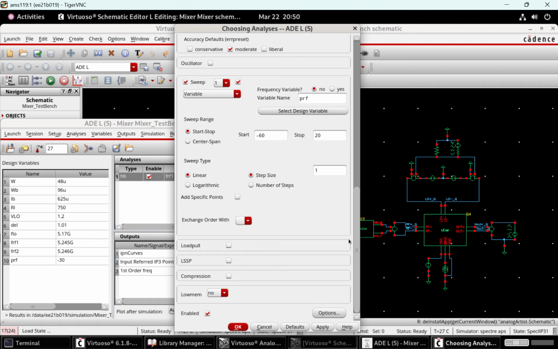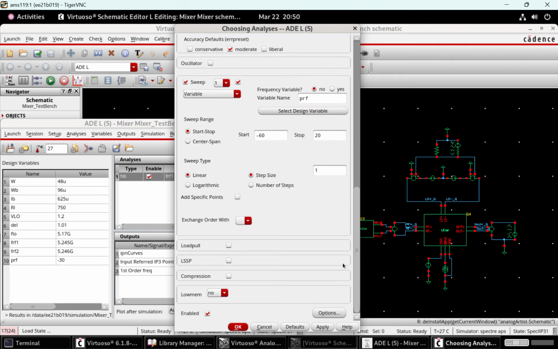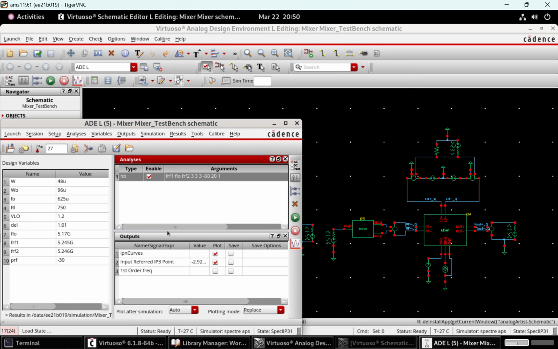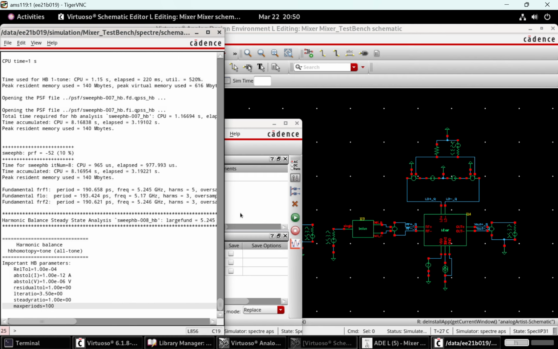That is too detailed. You can keep steps of 2 or 3 also. That's okay. And so once this is done, you just need to run the HB analysis. This will take some time to run.